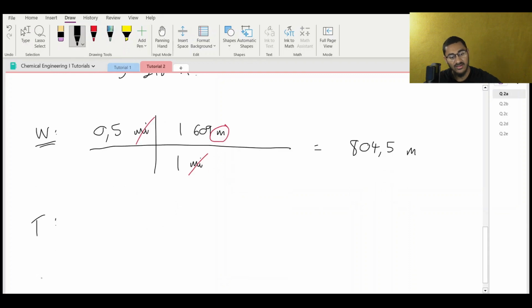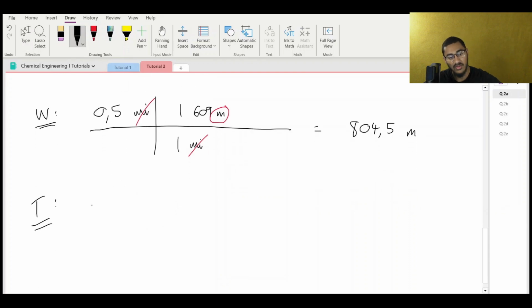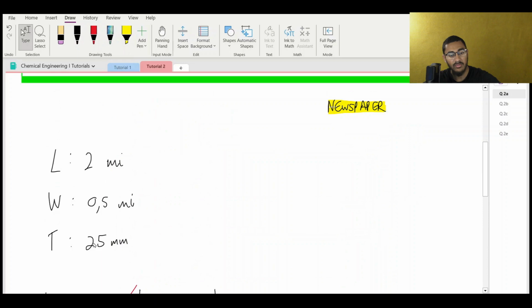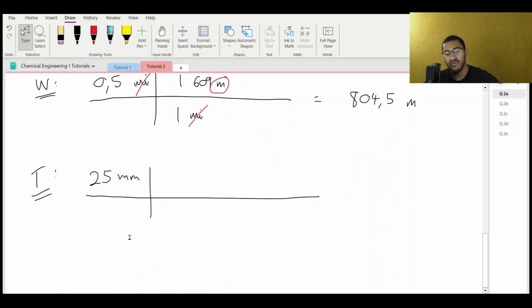Okay, here might be a bit strange because you've got 25 millimeters, right? I feel like it's not necessary to use the ladder method to convert millimeters. But if we just go up, here's our thickness of 25 millimeters. And remember, the prefix is already in the milli, so you know how many meters this is.